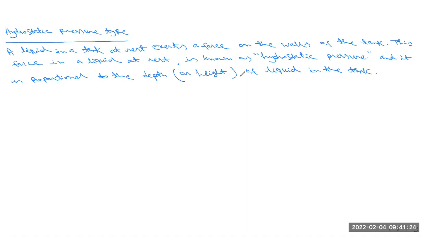When a liquid in a tank at rest exerts a force on the walls inside the tank, this force in a liquid at rest is known as the hydrostatic pressure, and it is proportional to the depth, or the height, of the liquid in the tank. This is the basic main principle of the hydrostatic pressure type of level measurement.